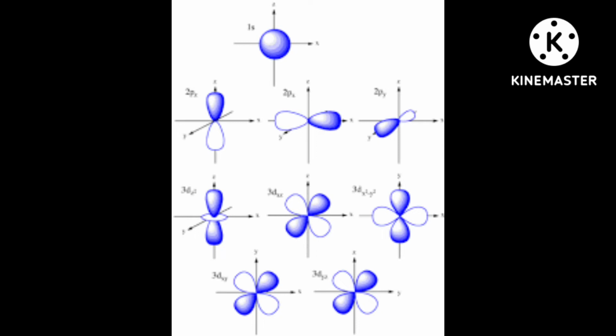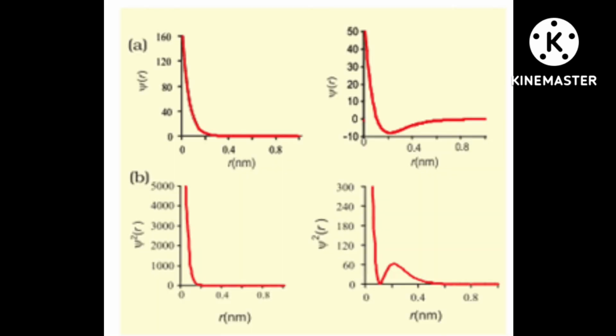Two points I have discussed today: shapes of atomic orbitals and boundary surface diagram. Now I have finished this whole chapter, structure of atom, completely.